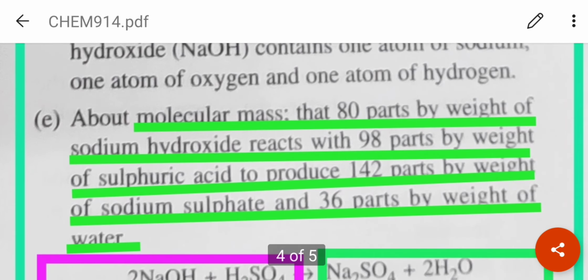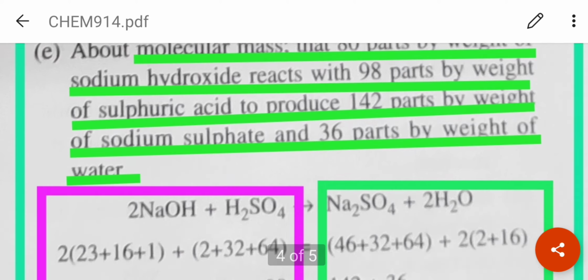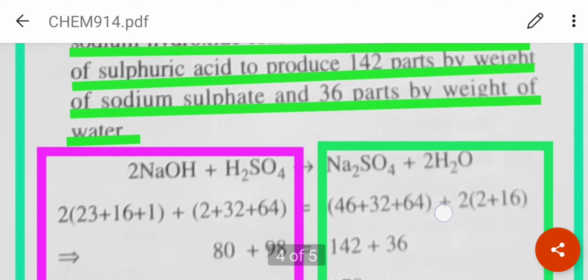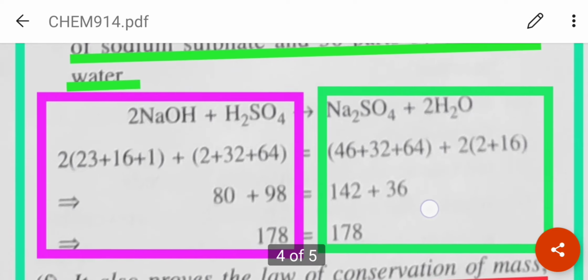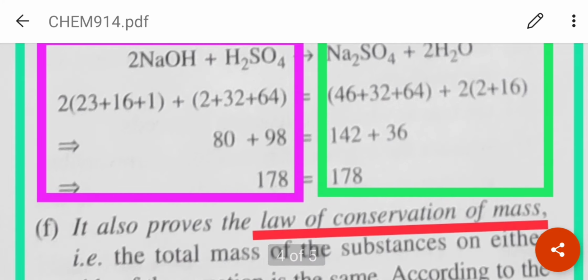It also tells us that 80 parts by weight of sodium hydroxide reacts with 98 parts by weight of sulfuric acid to produce 142 parts by weight of sodium sulfate and 36 parts by weight of water, as you all can see here. So, it also proves the law of conservation of mass.